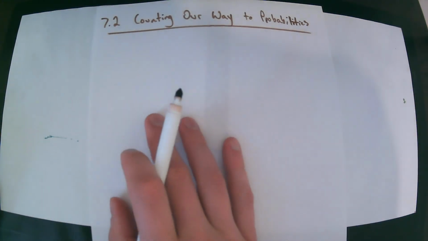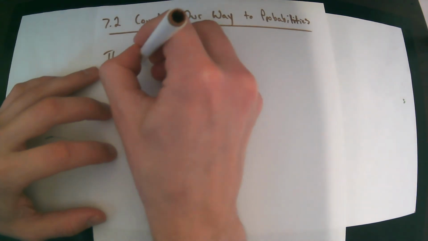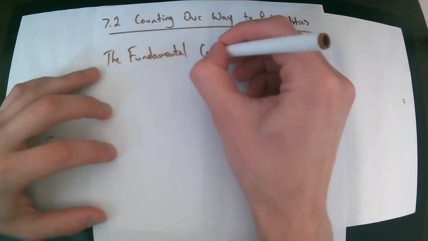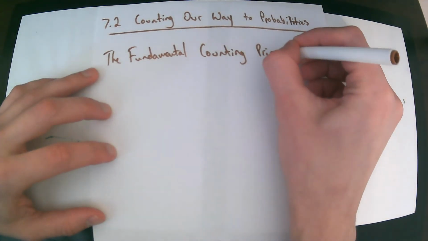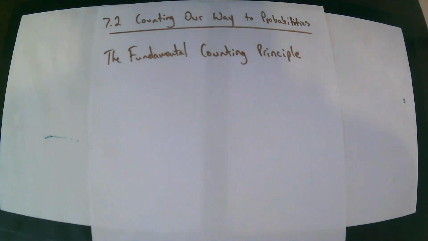Okay, so first you see in the notes the fundamental counting principle. It's just a way to tell us the total number of possible outcomes in a sequence of experiments.